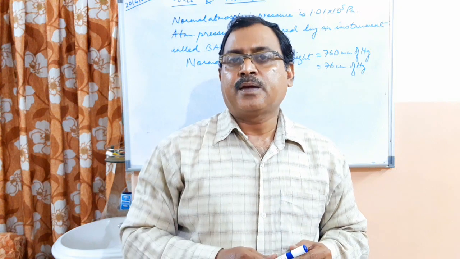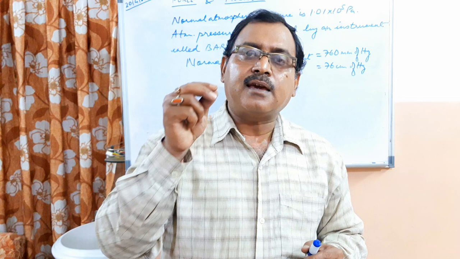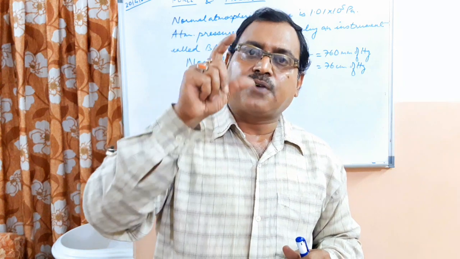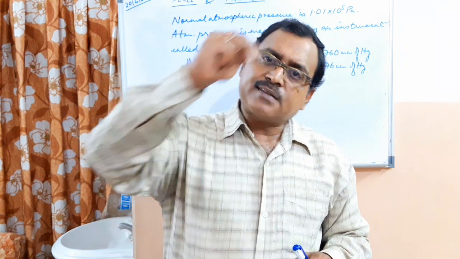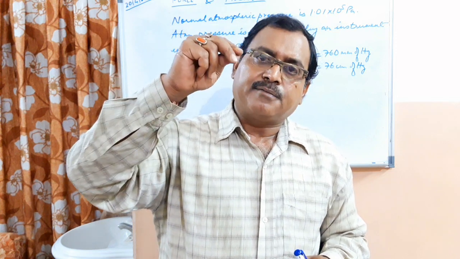Secondly, when you use a dropper to fill ink in your pen, or you want to take out some liquid medicine from a medicine bottle with the help of a dropper, you press the tip of the dropper.